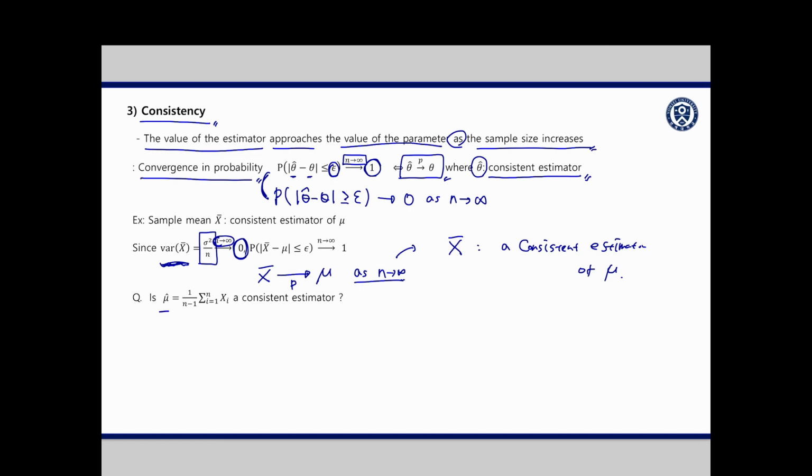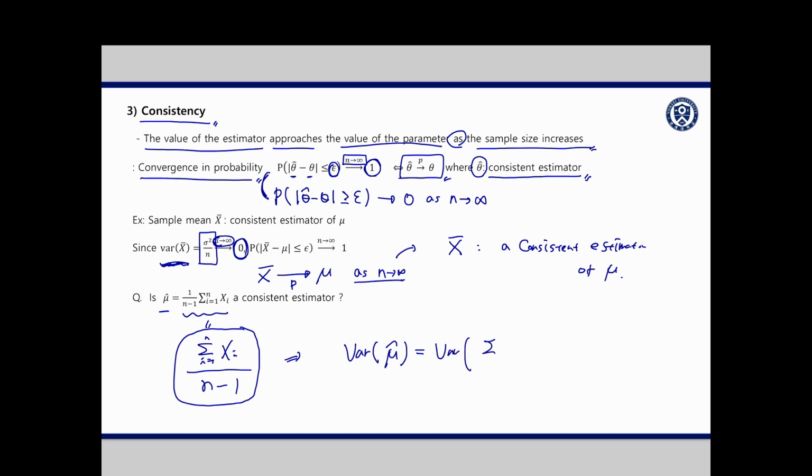If mu hat, the estimator of mu, is as follows, the summation of xi over n minus 1, then it is a consistent estimator of mu as the sample size increases. The variance is n sigma square over n minus 1 square.